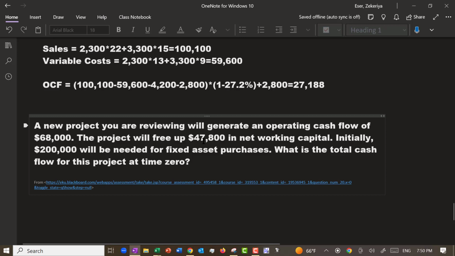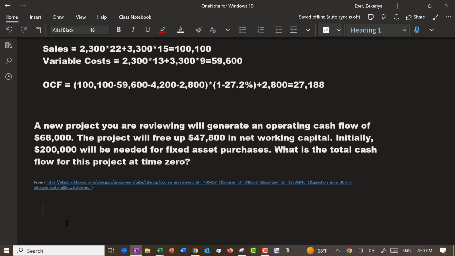Now, at time zero, there is no operating cash flow. So OCF is 0 for time zero. Net capital spending is 200,000. Change in net working capital is actually negative.